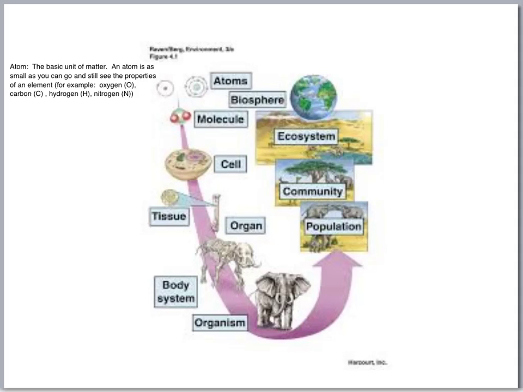Atoms are made up of smaller particles. You may have heard of protons, neutrons, and electrons. But once you get down to that level, it's no longer that stuff. So if you have an atom of gold and an atom of iron, they're both made up of smaller particles, but the atom is as small as you can go and still be able to say, hey, that's gold, or hey, that's iron.